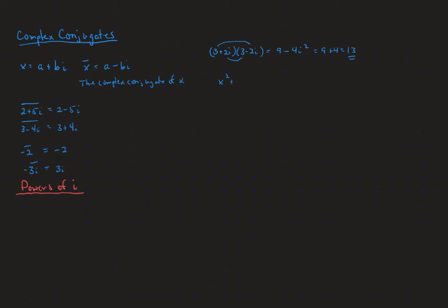So any complex number times its conjugate is going to give you a real number, which leads to a new way of factoring something that you can't factor using only real numbers, but you can factor using imaginaries.